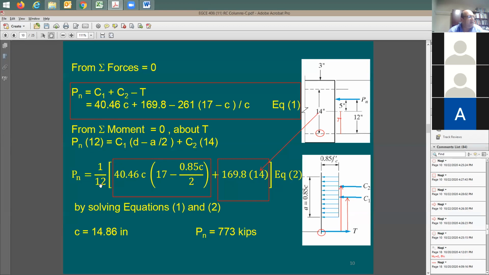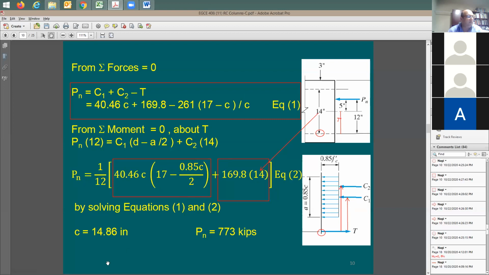So, okay. Now, what do I know about this equation? This equation shows me a relationship between Pn and c, and the rest of it is numerical values. How about the second equation? Same thing. I have Pn, and I also have it in terms of c. So I should be able to solve 1 and 2.